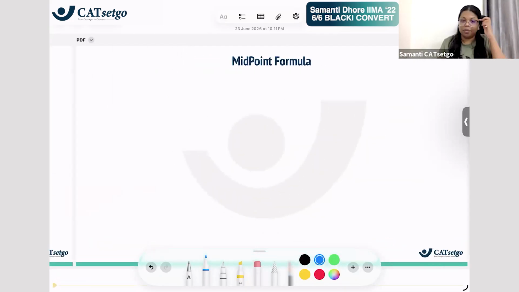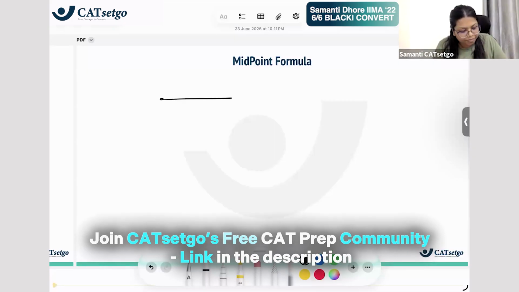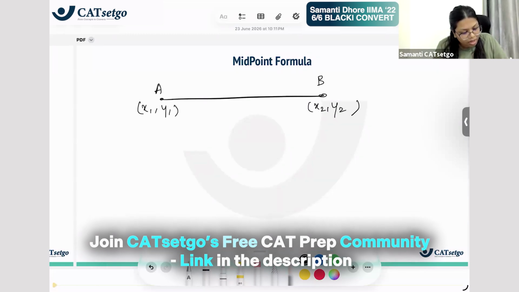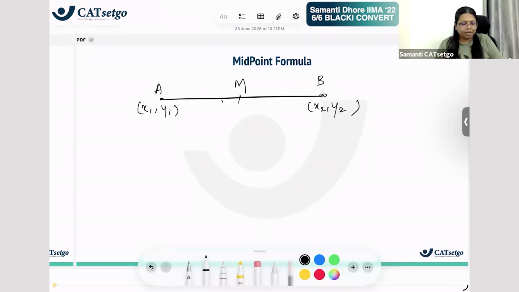Next comes midpoint formula. So until now, what we were doing is we were finding this point P, which is internally dividing it in certain ratio m is to n. But the moment you find a midpoint m between x1, y1 and x2, y2, right?